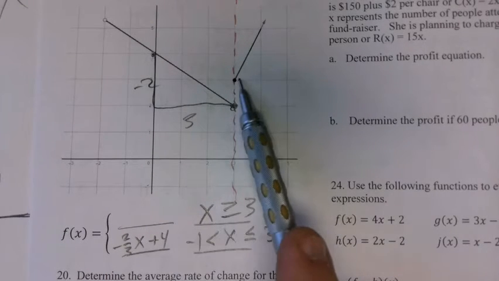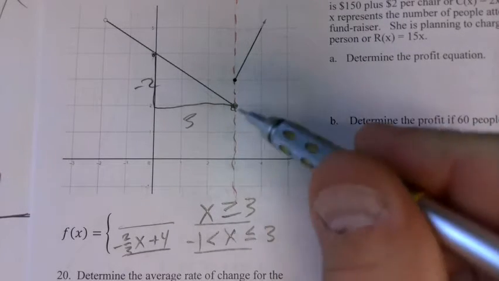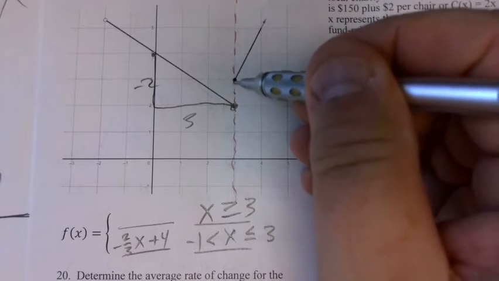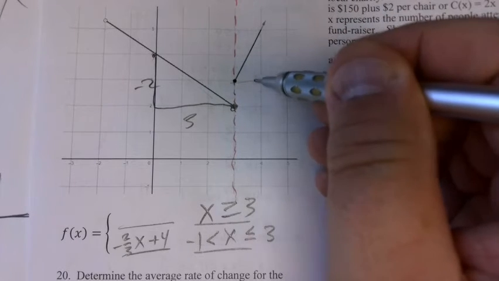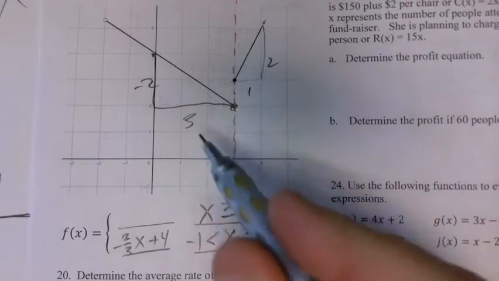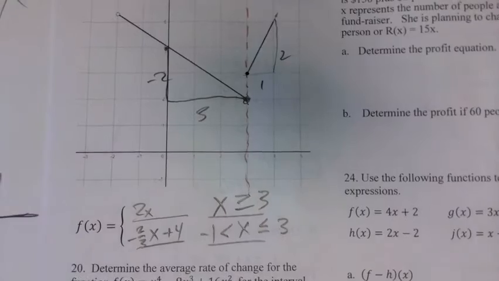Now, this one, I have a hard time seeing that unless I continue to draw it. It's a line also. Now, look at the slope. If I go over 1, it goes up 2. So its slope is 2 over 1. So it's going to be 2x, rise over run gives me the slope.